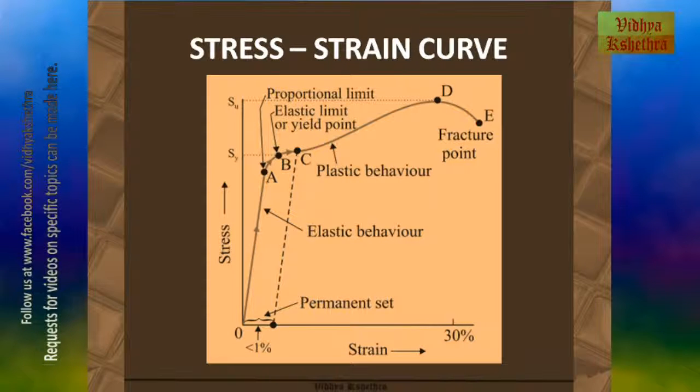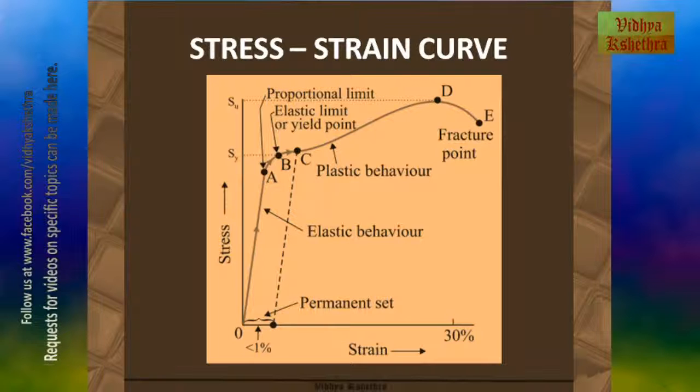Now we shall see the stress-strain curve. For drawing a stress-strain curve, we shall first take a test cylinder, and a longitudinal force is applied to it. The readings of stress as well as strain are taken and are then plotted as shown in the figure.